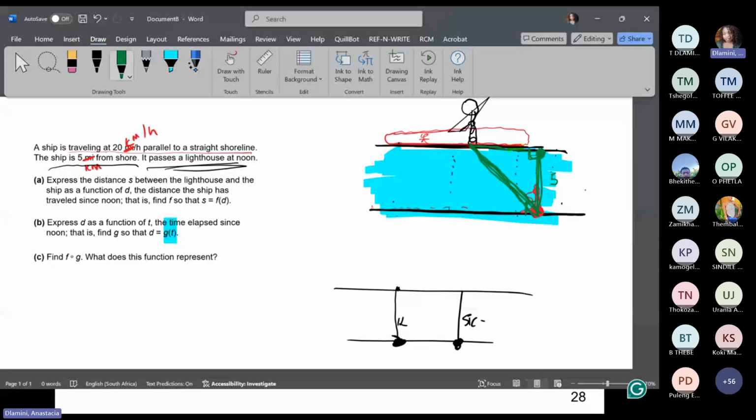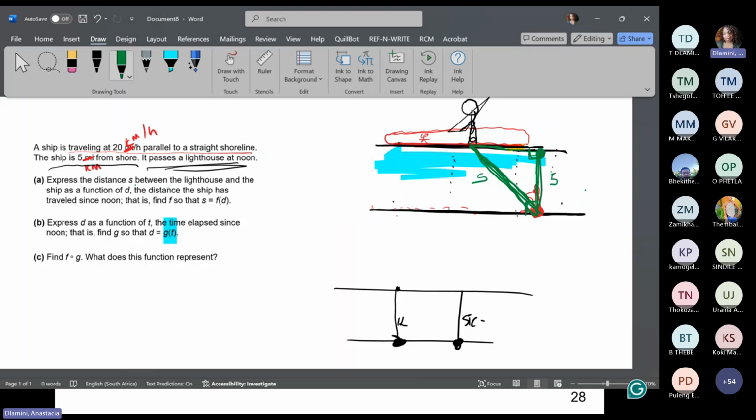Now they are saying, make it D. This is D. They say express the distance S between the lighthouse and the ship, so this is S, as a function of D, the distance the ship has traveled since noon.